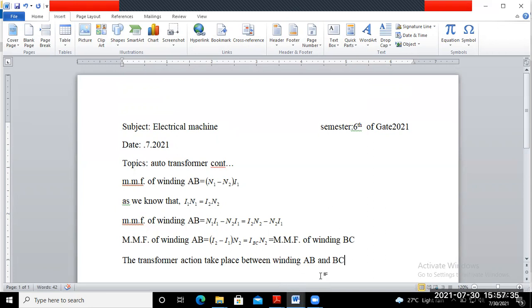So that power takes place from the primary to secondary by the transformer action.